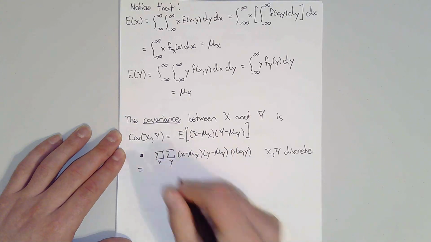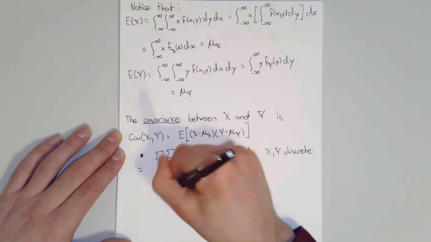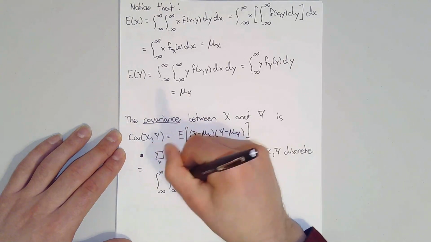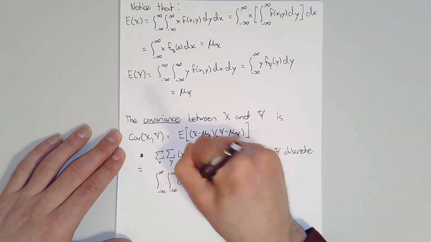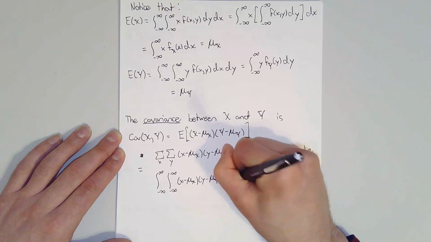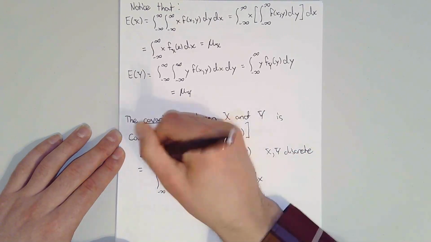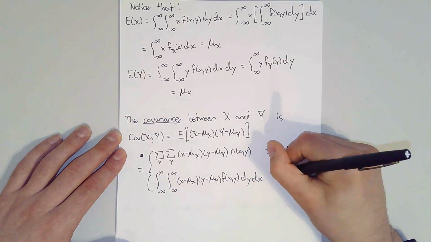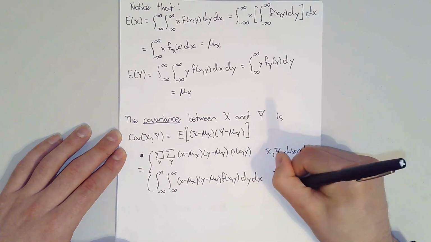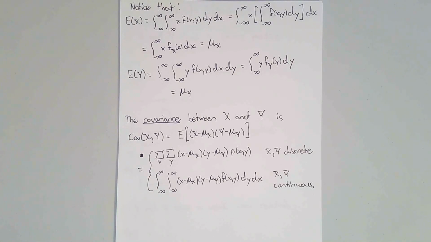In the case that x and y are continuous, in the case these two random variables are continuous, the expectation of this function of capital X and capital Y is given by this double integral.